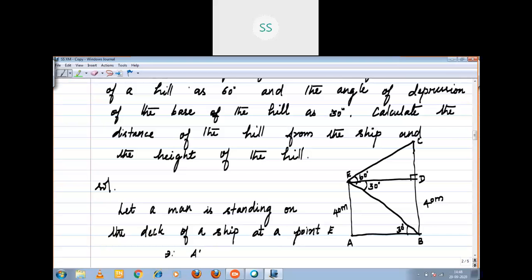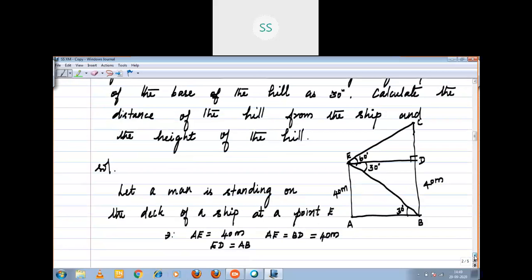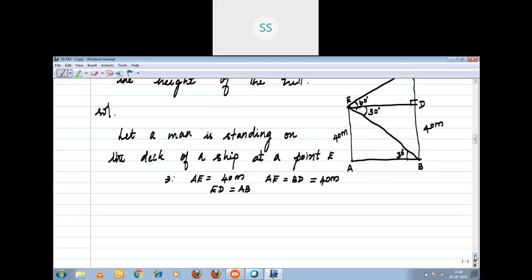It is not an exact diagram, children. Now, such that AE equal to 40 meter. AE equal to BD because opposite sides are equal. So, BD equal to 40 meter. The same way, ED equal to AB. Whether it is a square or rectangle, opposite sides are equal. That concept you are using here, right?